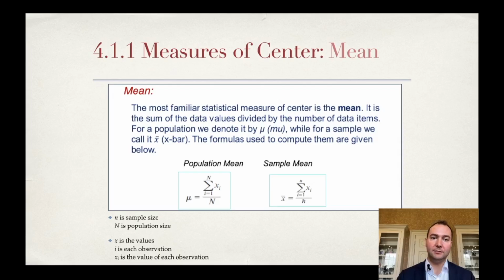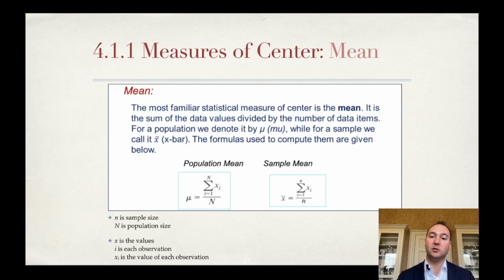The mean is the most familiar statistical measure of center because it is the average. It is the sum of the data values divided by the number of data items. So for a population, we use mu to denote the average or the mean for the population. While for a sample, we call it x bar, an x with a bar over top of it.